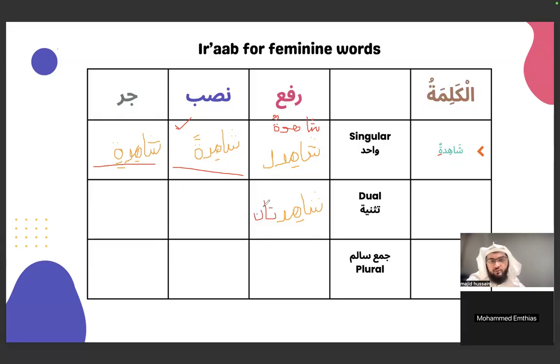Dual in the state of rafa, we add alif and noon to the original letters. Right.